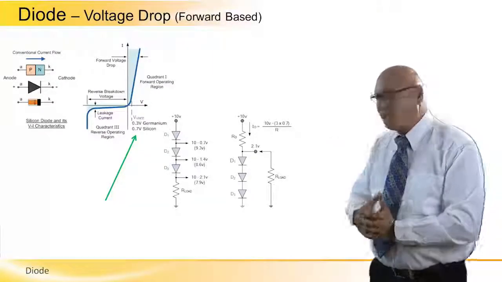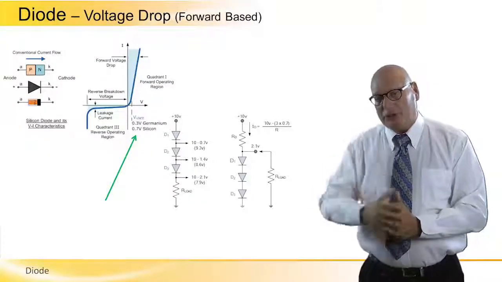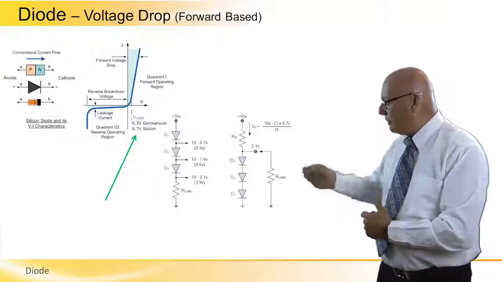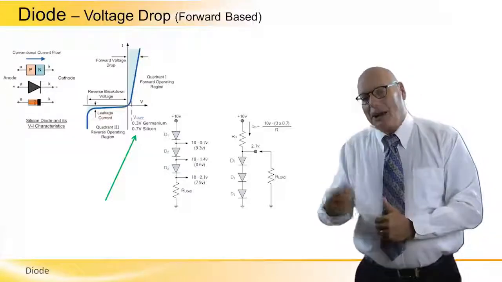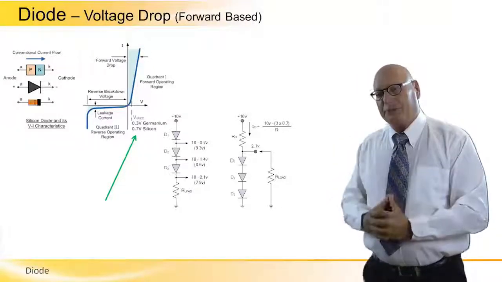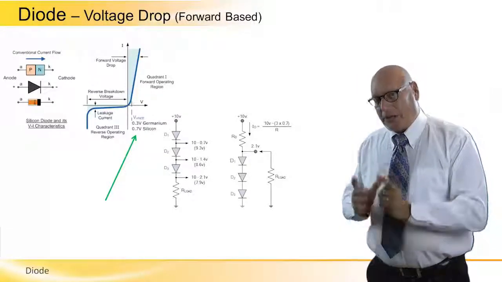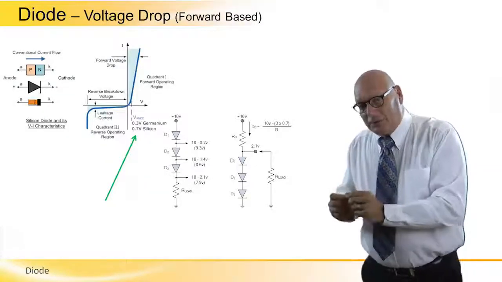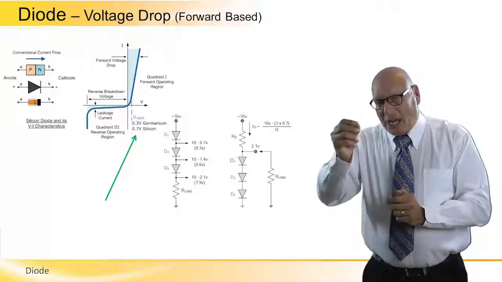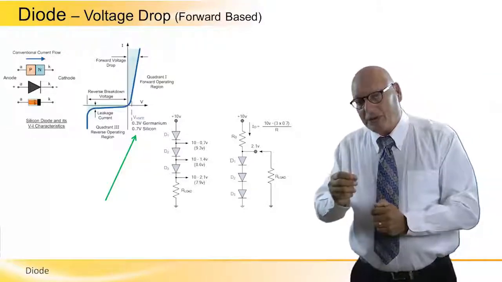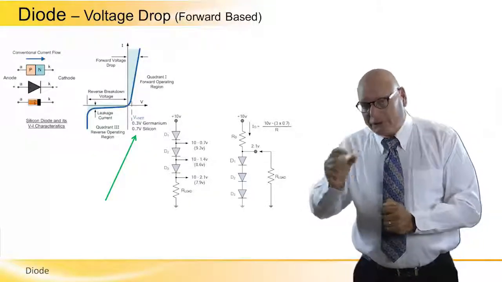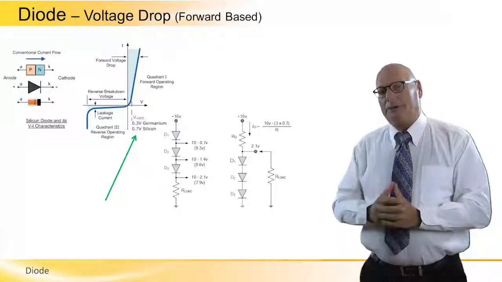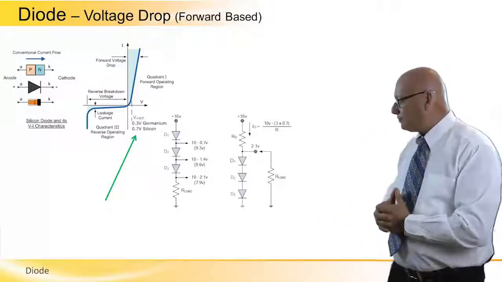And if I start with plus 10 volts going through a resistor, we can calculate very easily the resistance and the current of that particular circuit. Again, silicon, meaning that between the anode and the cathode there should be at least 0.7 volt difference in order for the diodes to conduct.